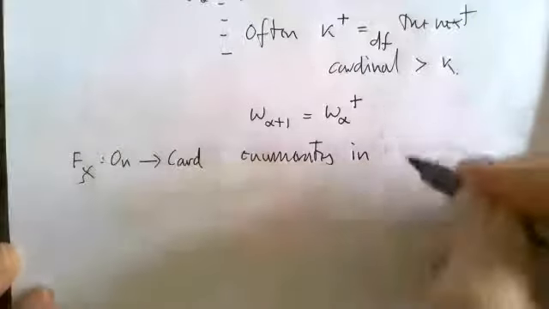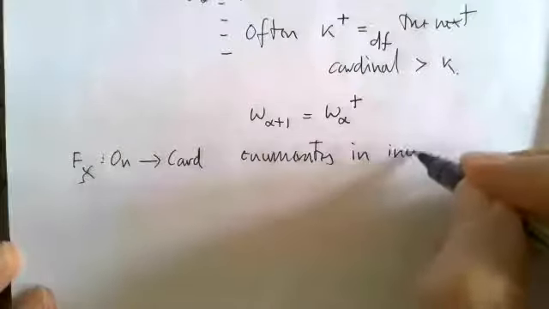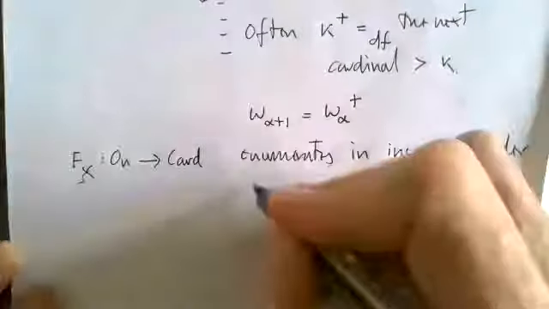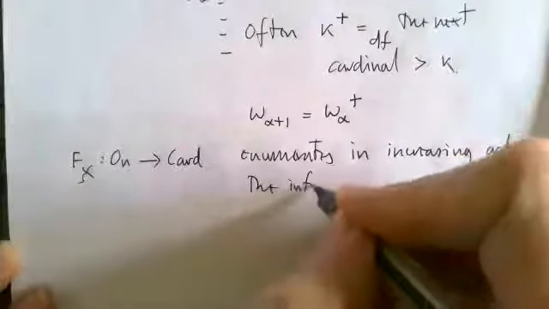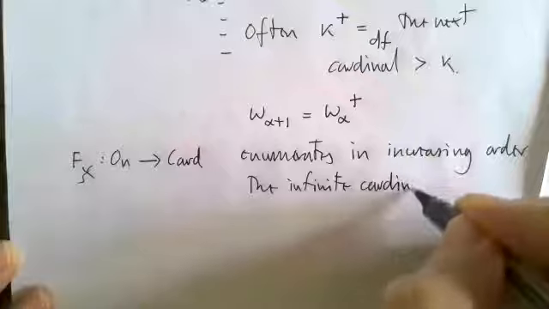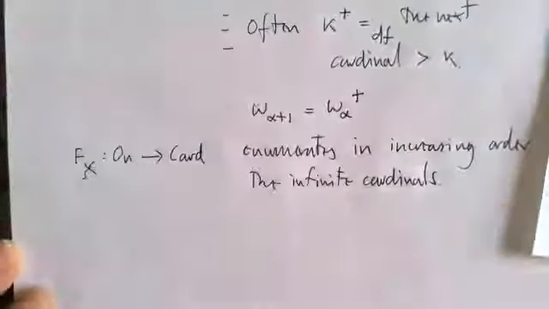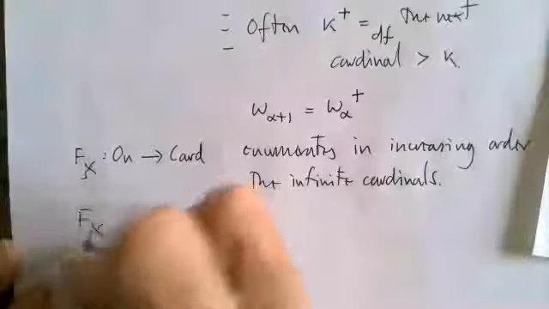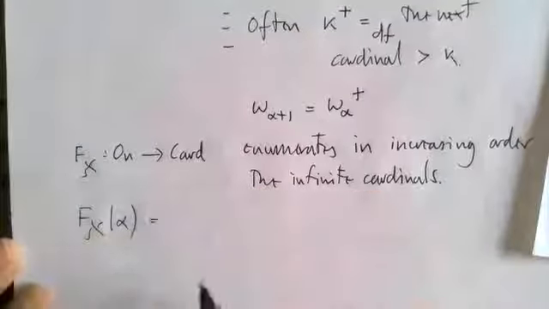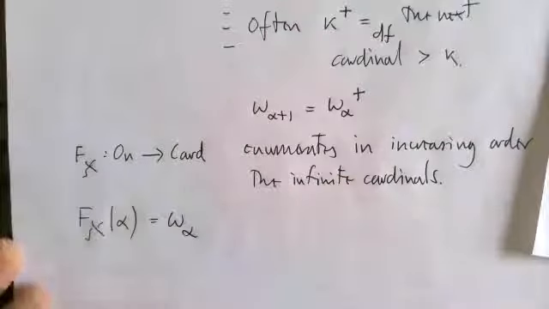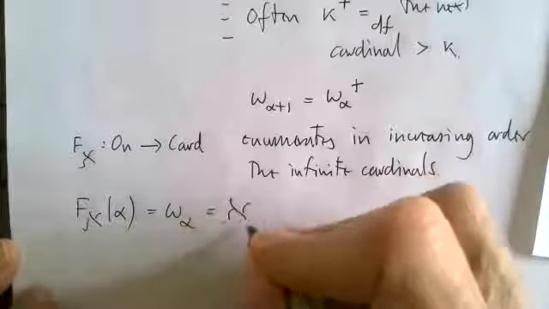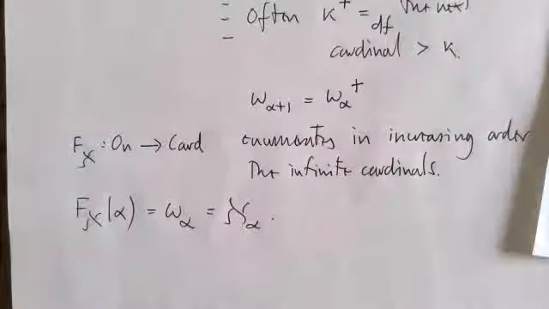It enumerates the infinite cardinals in strictly increasing order. So we define f of alpha to be, as in that transfinite recursion, omega sub alpha, or if you prefer, Aleph sub alpha here.